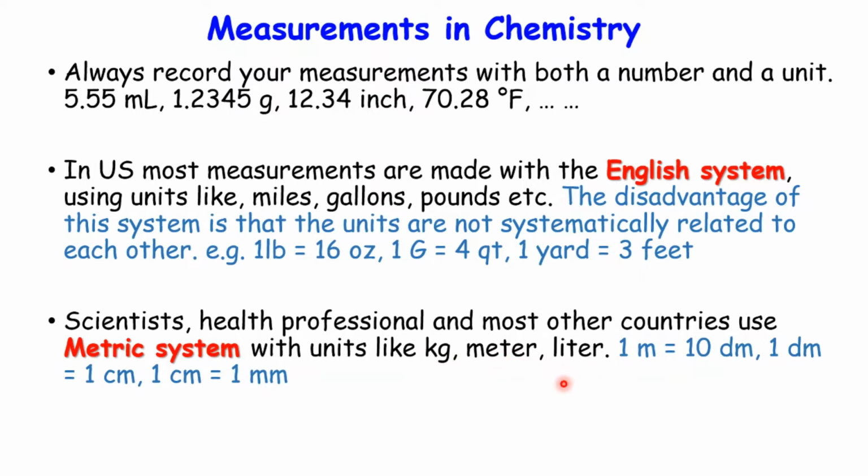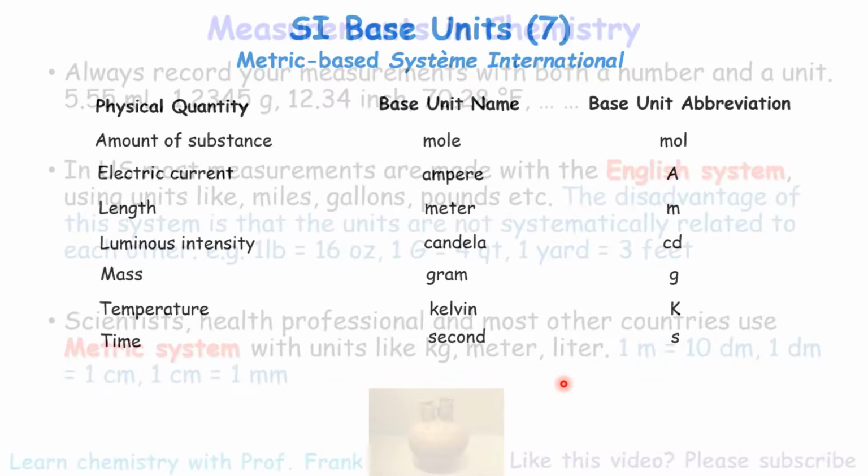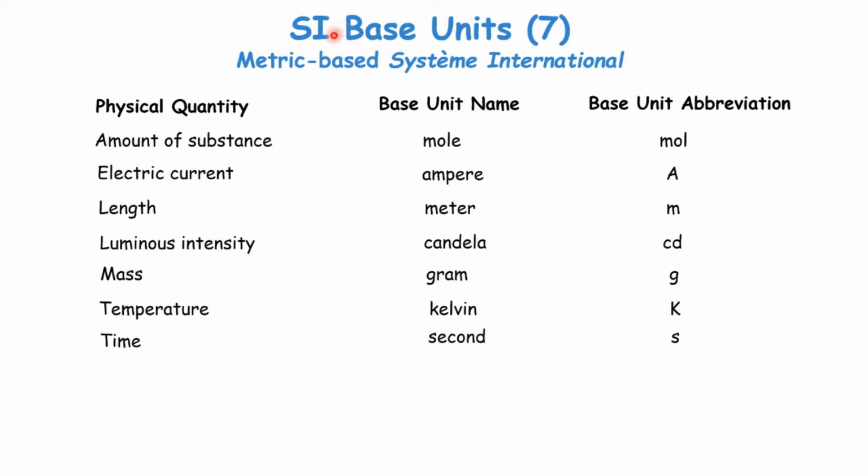There are a total of 7 base units in the metric system, which we also call the SI system, from the French name. So there are 7 basic units.